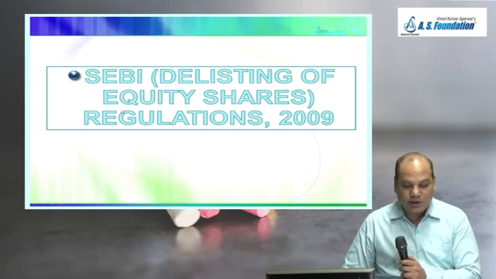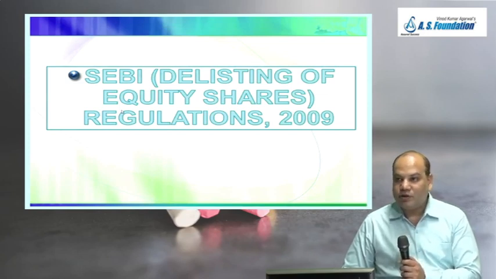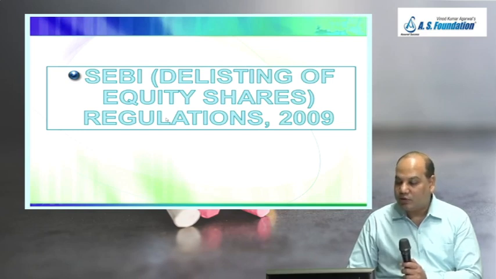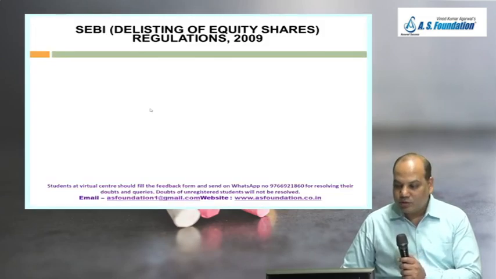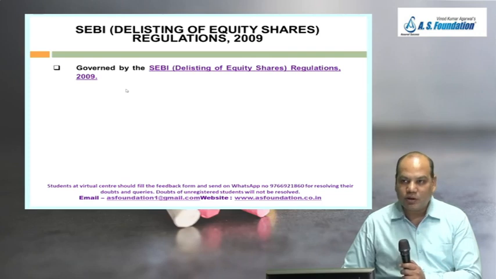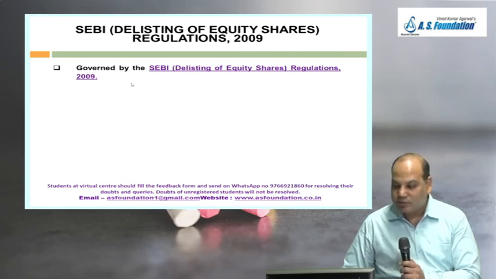Once again, SEBI guideline. You have many SEBI guidelines in this chapter. Half of this chapter is SEBI guidelines we have covered, relating to ICDR. So this is again one SEBI guideline, the delisting of equity share regulation 2009. The idea is to protect the interest of the different stakeholders, mainly the shareholders.